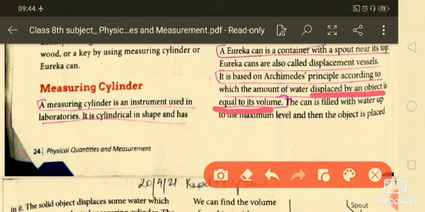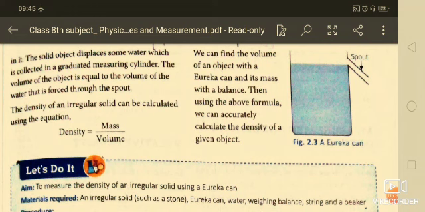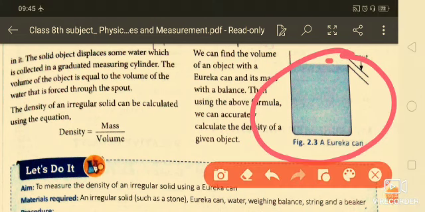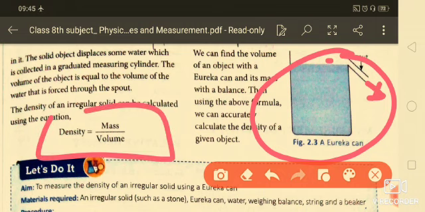It is very important. So this is the Eureka can you are seeing here, and it works on Archimedes' principle. By this method you can find the density.